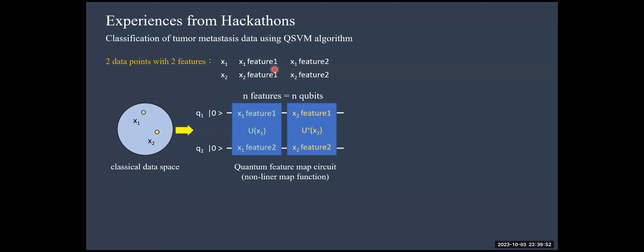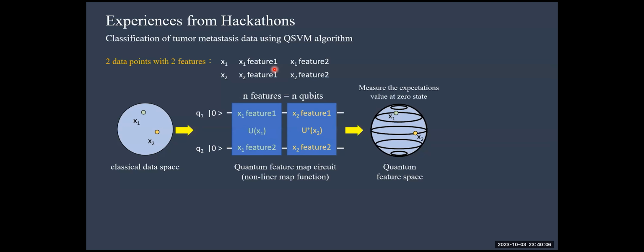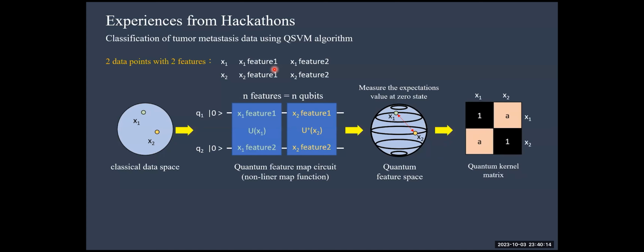So there are n qubits corresponding to n features. After the computation in the quantum feature circuit, we obtain a correlation between X1 and X2 in the quantum feature space.